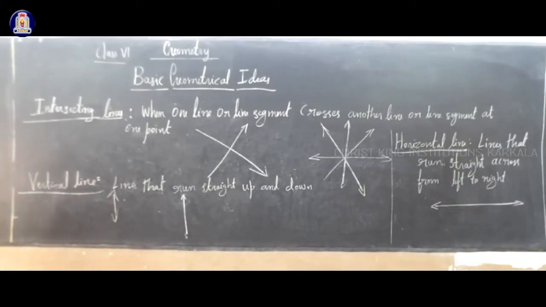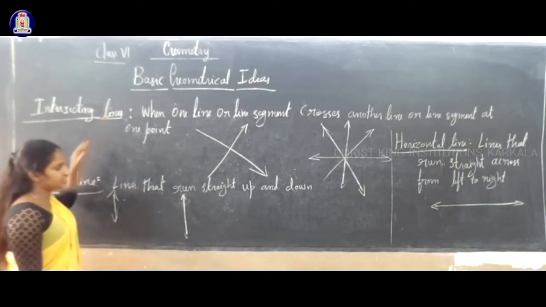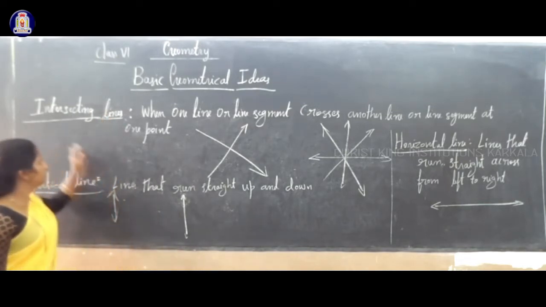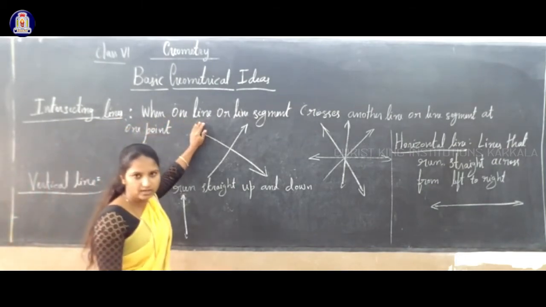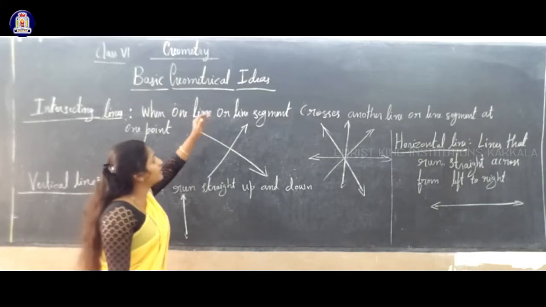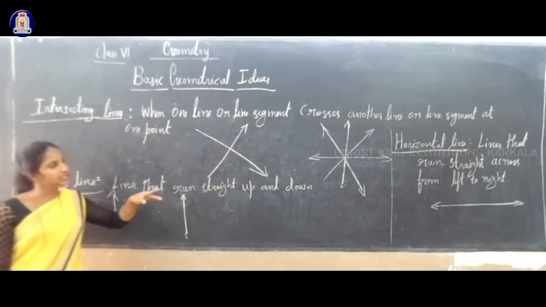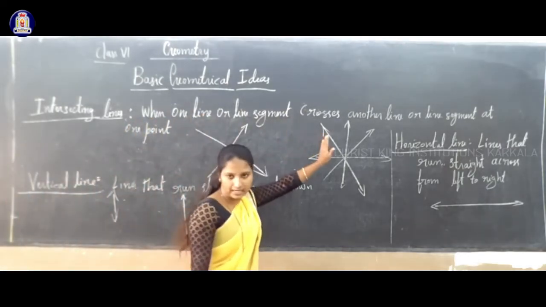Okay, next, intersecting lines. What is the meaning of intersecting lines? Intersecting lines means when one line or line segment, now you understood what is a line and a line segment, crosses another line at one point. That is what intersecting lines are.